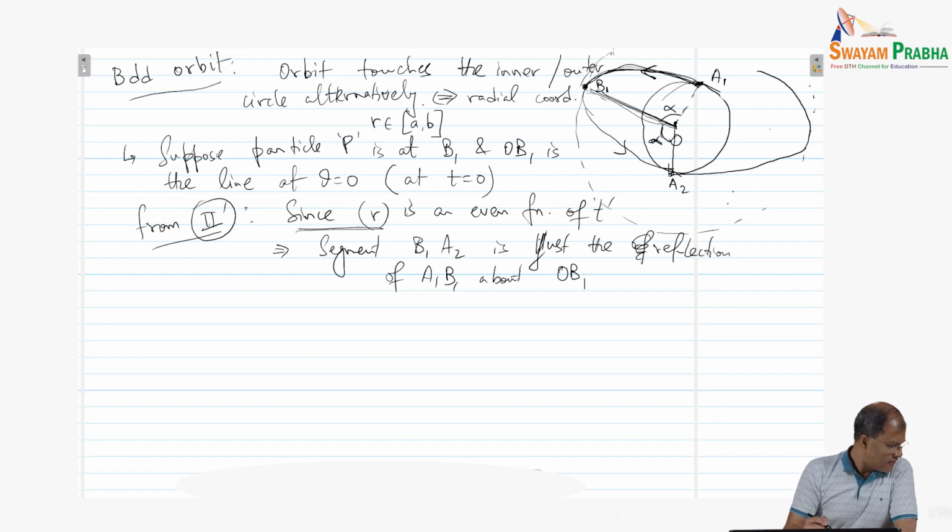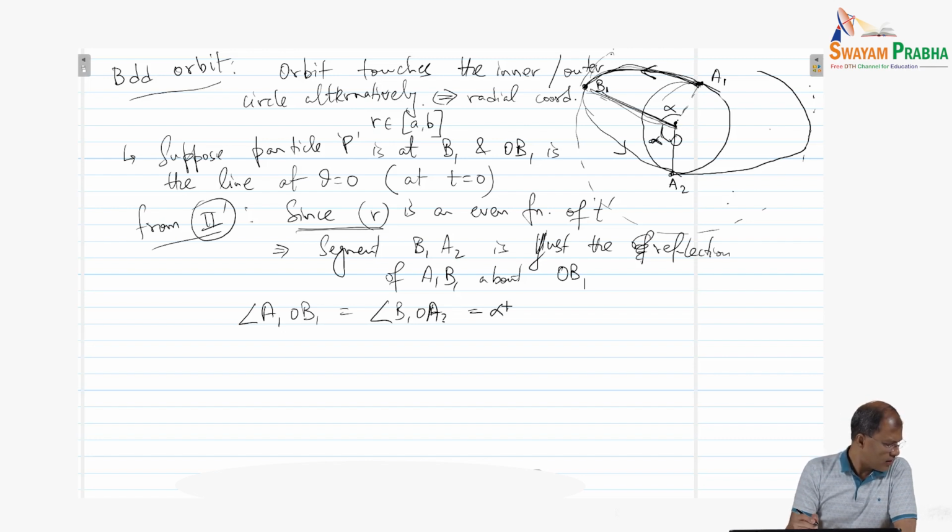Okay, so then further, we expect that the angle subtended by the arc OA1 is the same as the angle subtended by the arc OA2. So we have that angle A1 OB1 is the same as the angle B1 OA2, right? Let me call this alpha.